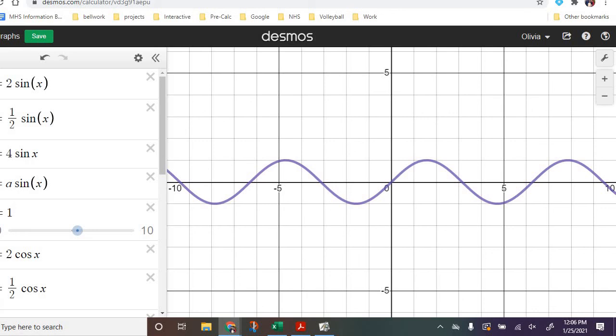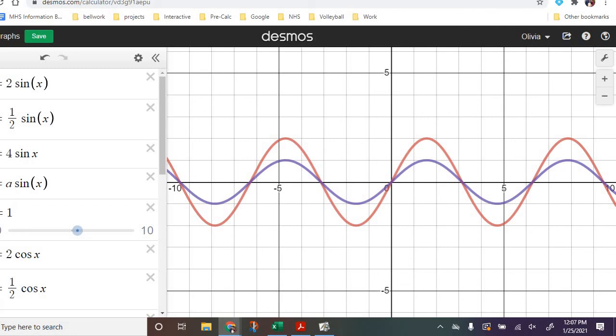So think about maybe if you had your slope of just a normal line. If I go from a slope of 1 to a slope of 2, what's that going to do to the graph? Yeah, it's going to stretch it. It makes it steeper, which is going to do something very similar here. When I stretch it, it's going to stretch the whole graph, which makes it come up taller.